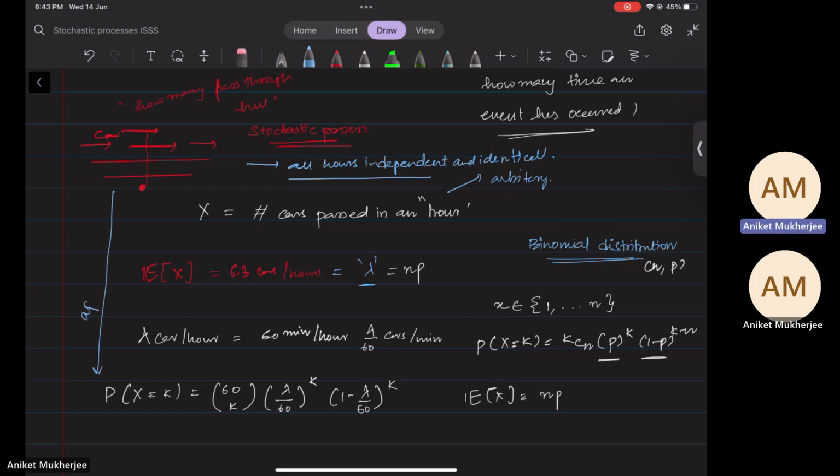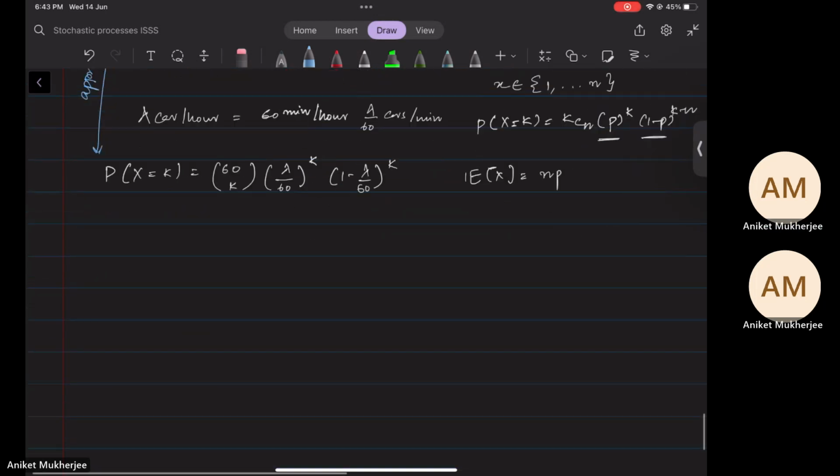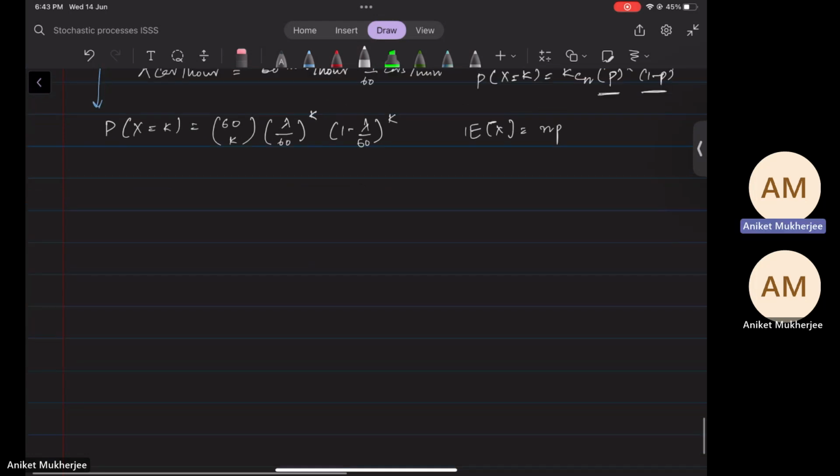So this is an approximation. What is the approximation? This is my 1 hour, so this is 0 to 60 minutes. I split it into tiny intervals of minutes: 1 minute, 2 minute, 3 minute, 4 minute, and so on.